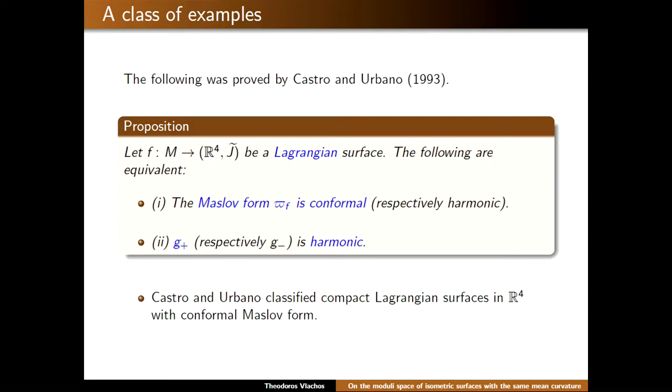The Maslov form is respectively harmonic if G minus is harmonic. In particular, Castro and Urbano gave a classification of compact Lagrangian surfaces in R4 that have conformal Maslov form. So in that way, we have a variety of examples that have this property.